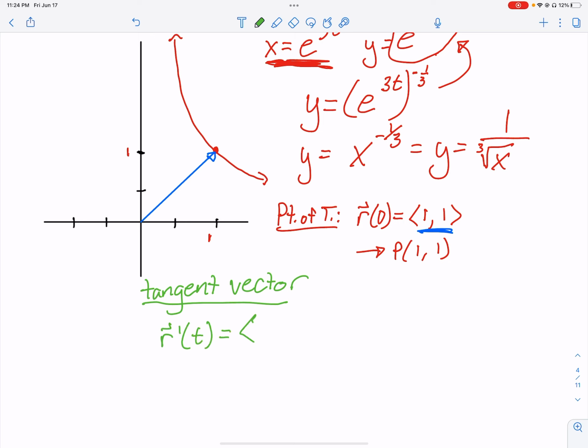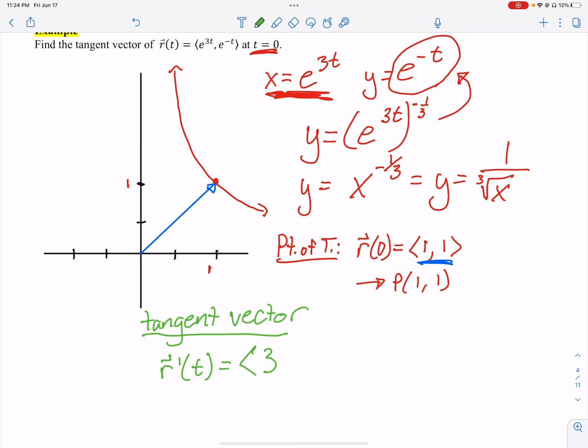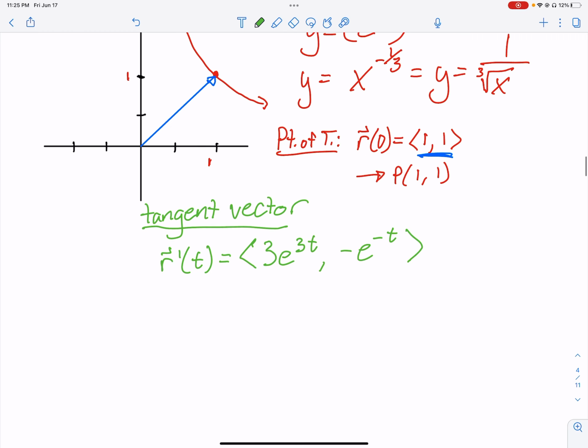So r prime of t for this, I have x and y. We get 3e to the 3t, and then the other one will be negative e to the negative t. Those are chain rules, right, for that e to the t function. We want to know where this tangent vector is at time 0. Well, we get 3 there, and then negative 1 there.